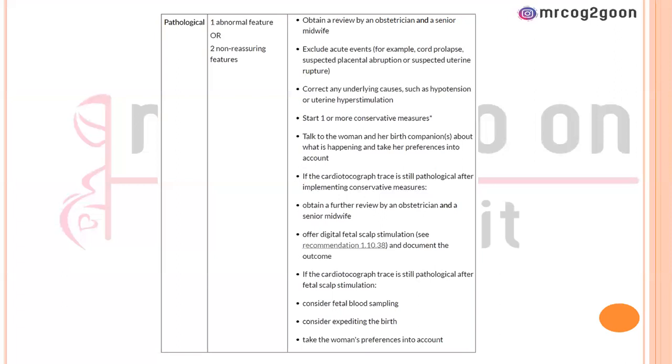And also take the woman's preference into account. And a point here I have to tell, because this was a very valid point for the last exam. While taking her preference into account, take her mental status into account, because maybe she is not fit for consent.